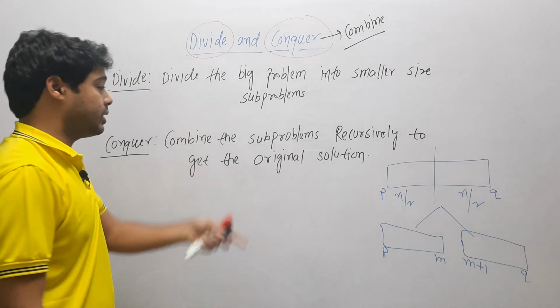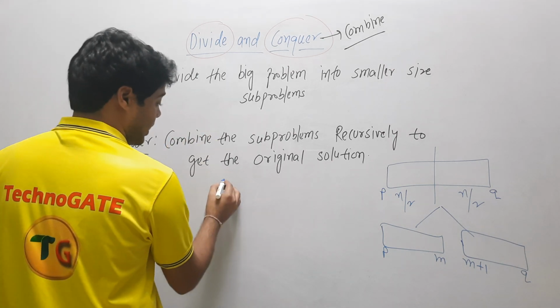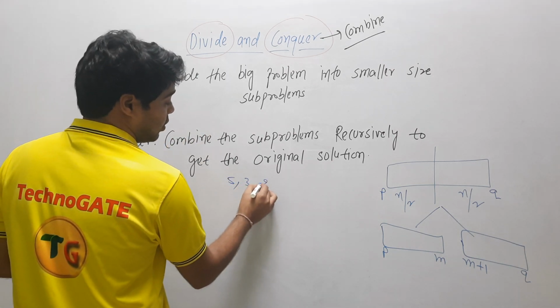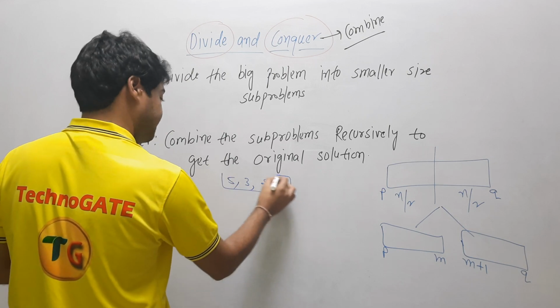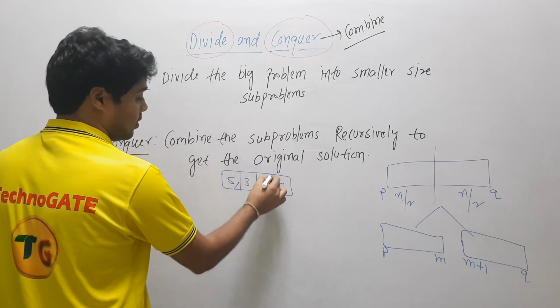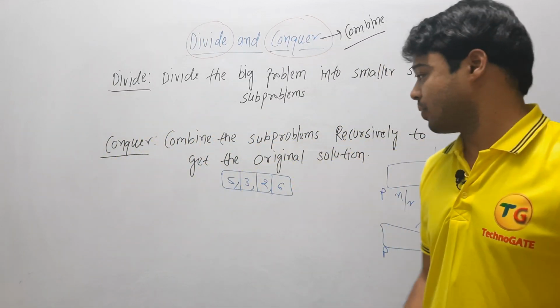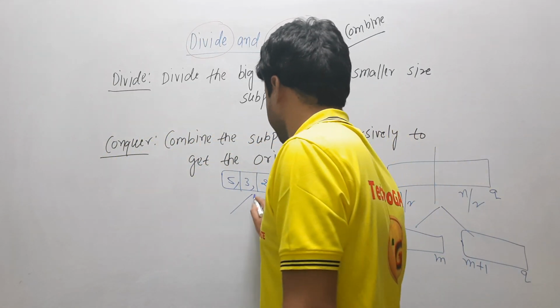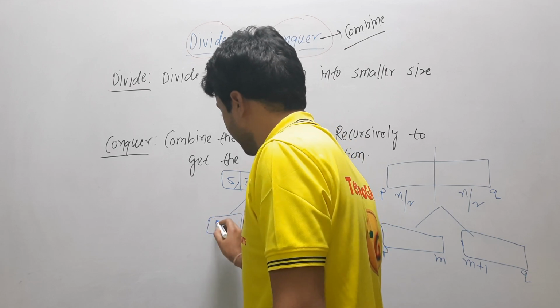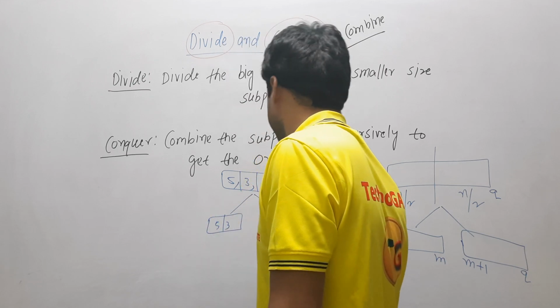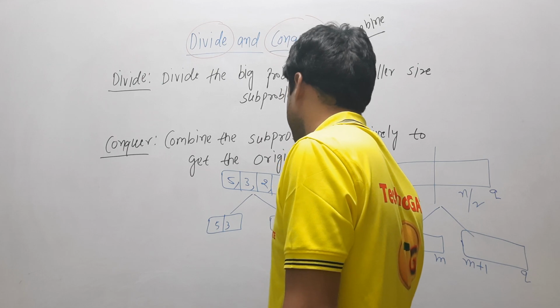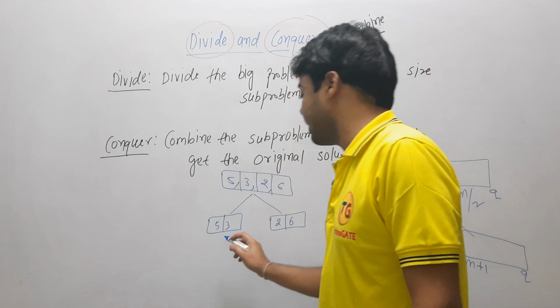Okay, so in this manner, suppose the unsorted array is 5 3 2 6. Suppose this is one problem of divide and conquer. So divide first of all. Here 5 3, here 2 6. After that again division.